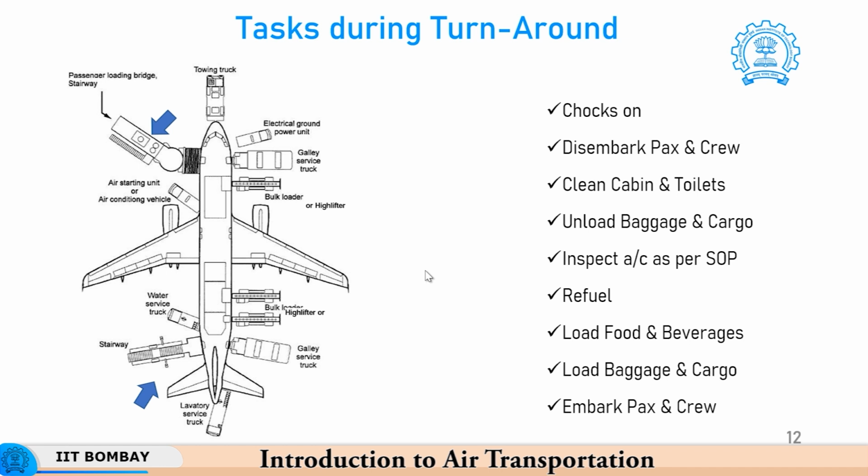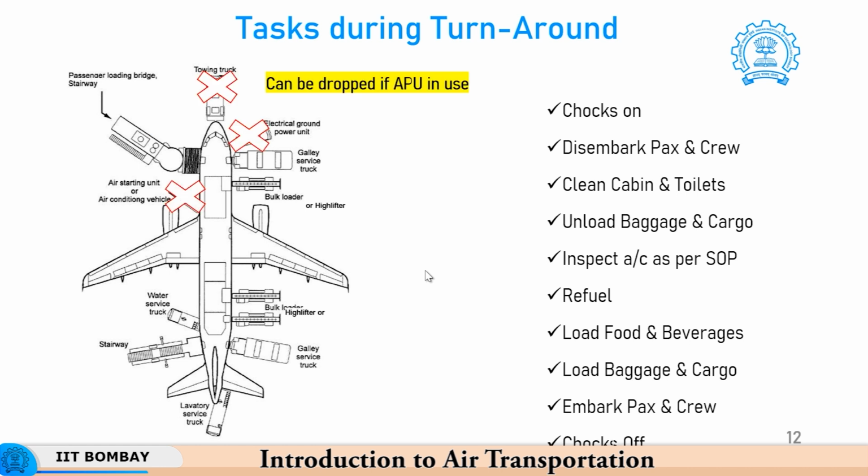So, all these activities happen in parallel and it requires some finite amount of time. Now, by using certain facilities and equipment on board the aircraft such as the auxiliary power unit, it is possible for us to utilize the APU to remove the requirement for an electrical ground power unit or an air conditioning or air starting vehicle.